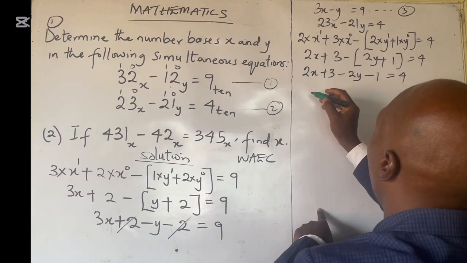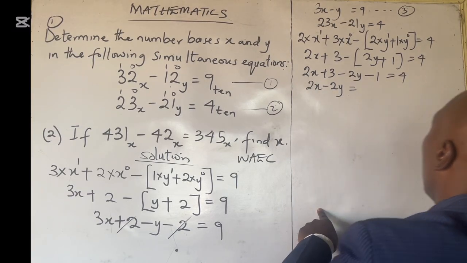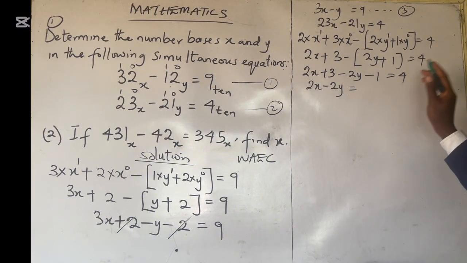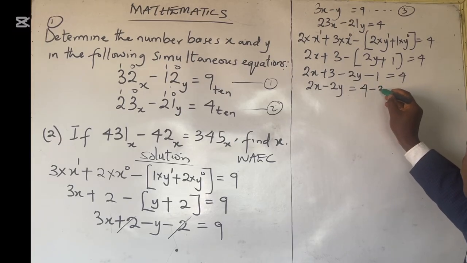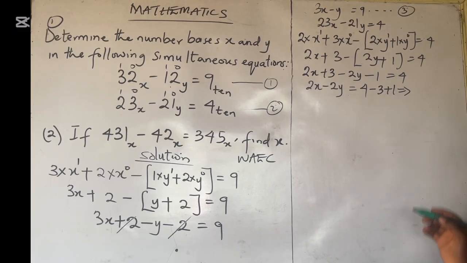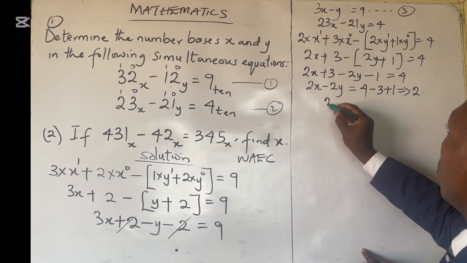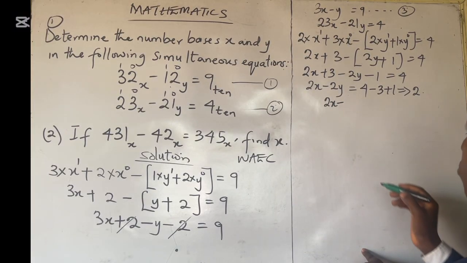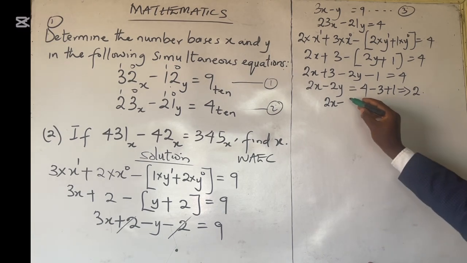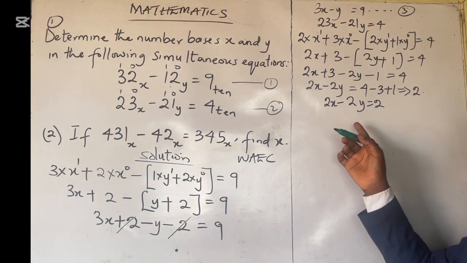So we have 2x minus 2y equals, let's bring the expression to the right hand side. That will give you 4 minus 3 plus 1. 4 minus 3 is 1, 1 plus 1 gives you 2. So the equation becomes 2x minus 2y equals 2.